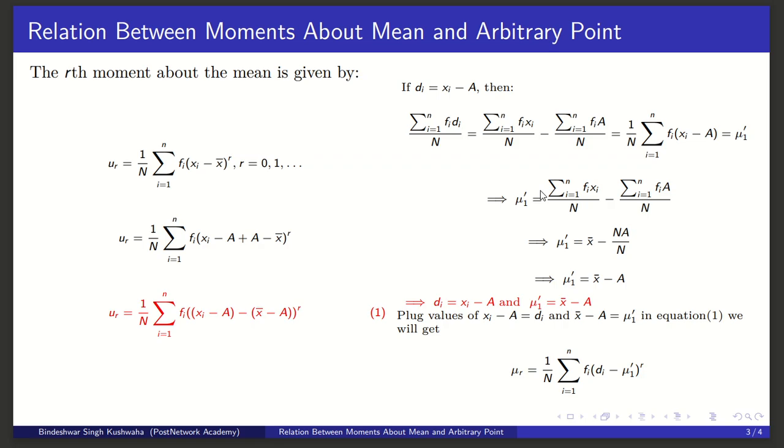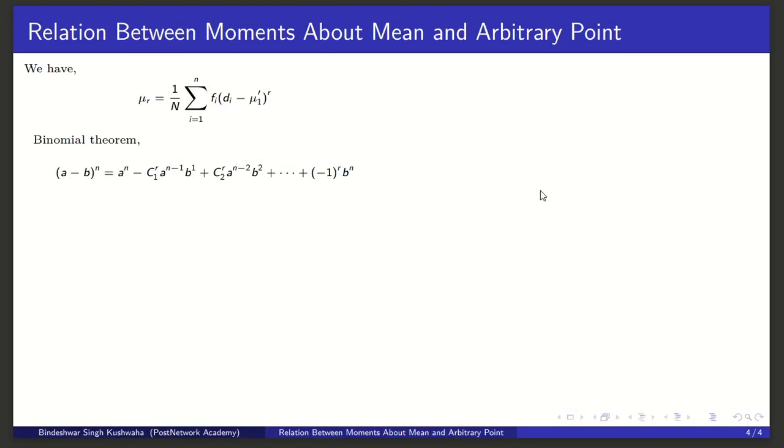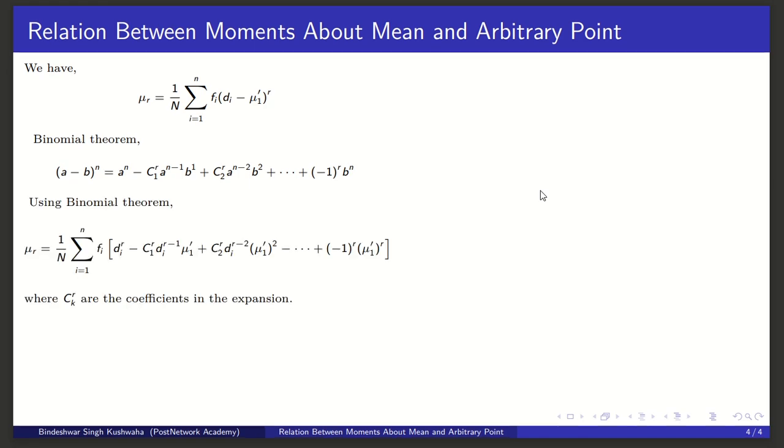So we will get mu r is equal to 1 upon n, summation from i equals 1 to n, f i (d i minus mu prime 1) raised to r. Now we found this relation and we will use the binomial theorem.